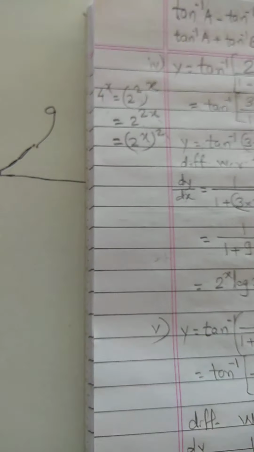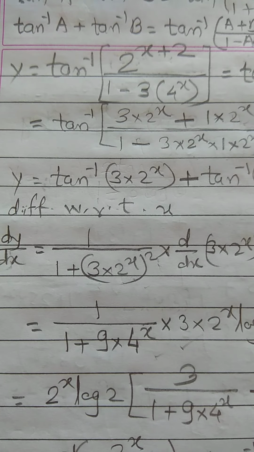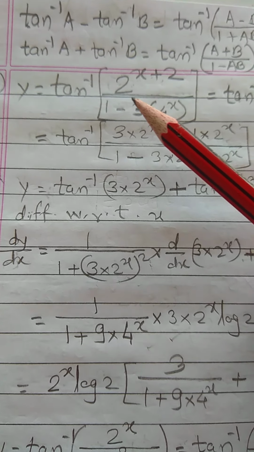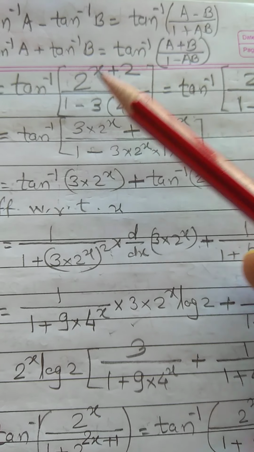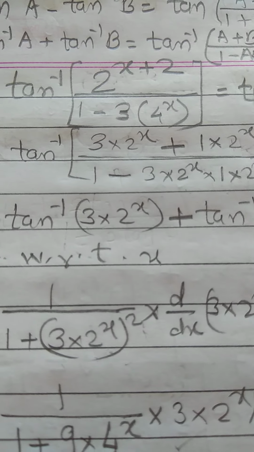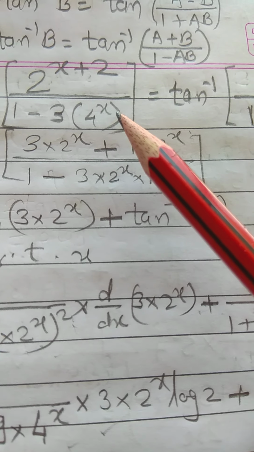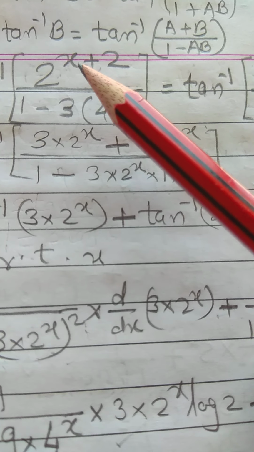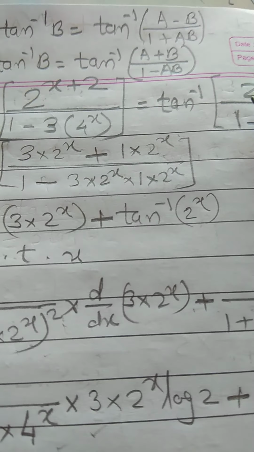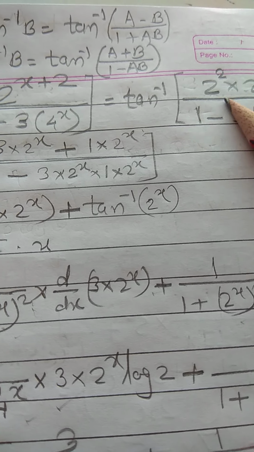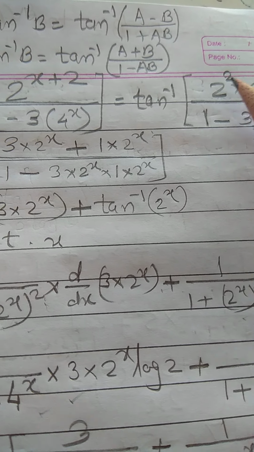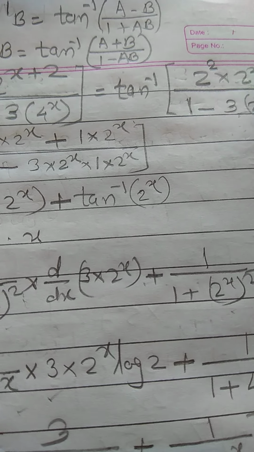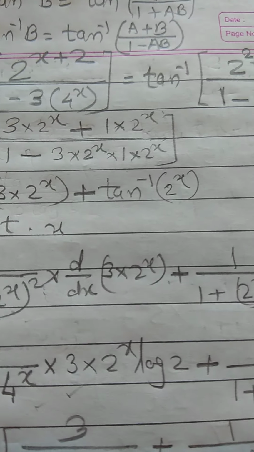Okay. Now Roman 4, y equal to tan inverse of 2 raised to x plus 2 upon 1 minus 3 times 4 raised to x. This 2 raised to x plus 2 we can have as 2 raised to x into 2 raised to 2. We know that in multiplication, powers get added, so it will be 2 raised to x plus 2 as it is.